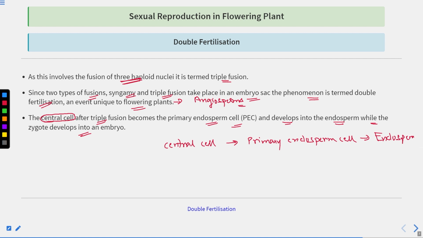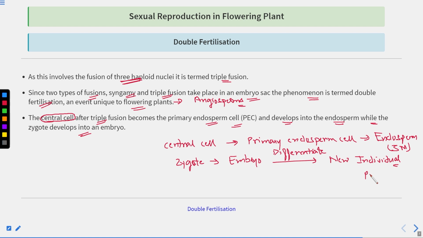Endosperm is a triploid structure and it gives nourishment to the growing embryo and the zygote. The zygote will form the embryo and the embryo will further differentiate and form the new individual, or you can say the new plant.